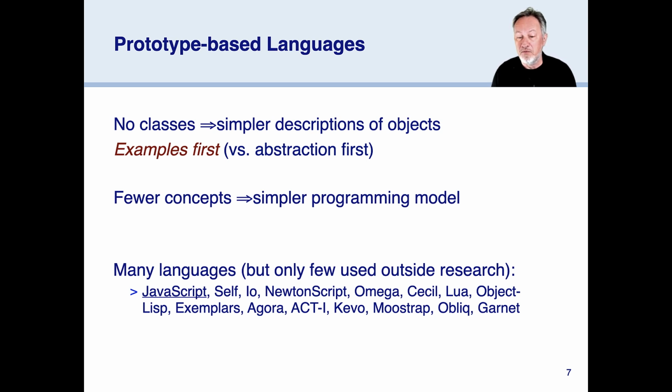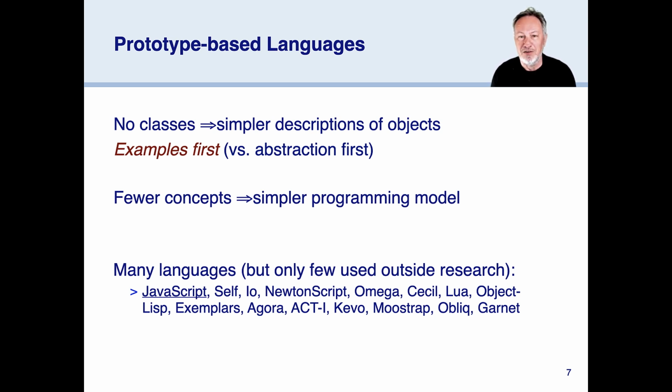There have been quite a few experimental implementations of prototype-based languages over the years, but very few have been used outside of research. After JavaScript, perhaps the best-known language is Self, although there have been numerous others that have been used in practice, perhaps most famously NewtonScript.